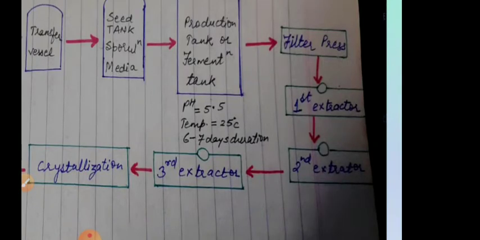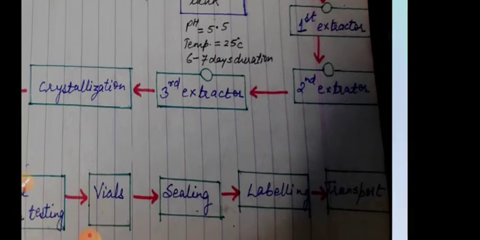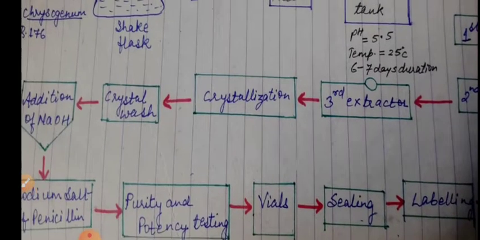Then once the fermentation is over, you go for harvest and recovery, where the fermented broth is passed through a filter press. That is, it is filtered and then extracted out in aqueous phase and organic phase. So there is a shift between extraction of the compound in aqueous and organic phase. We'll discuss it later. Then from the first extraction, then second extraction, and then third countercurrent solvent extraction process.